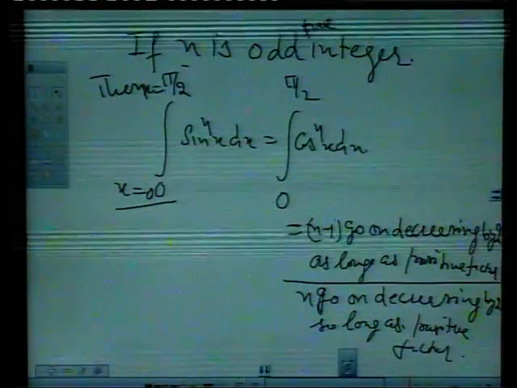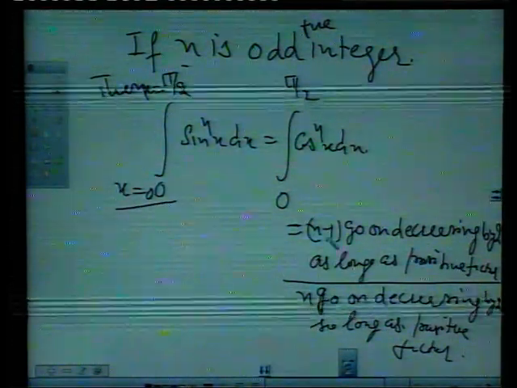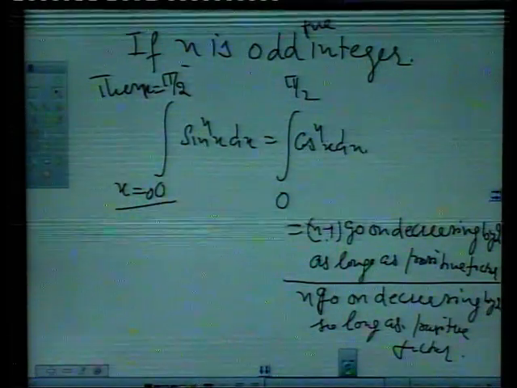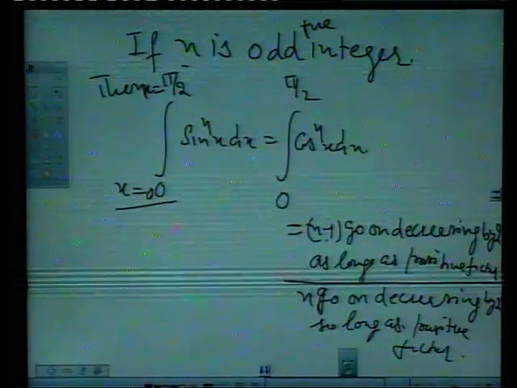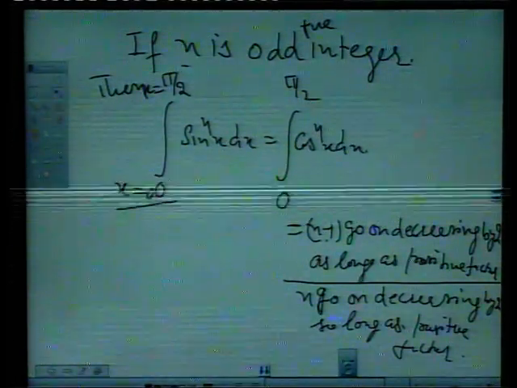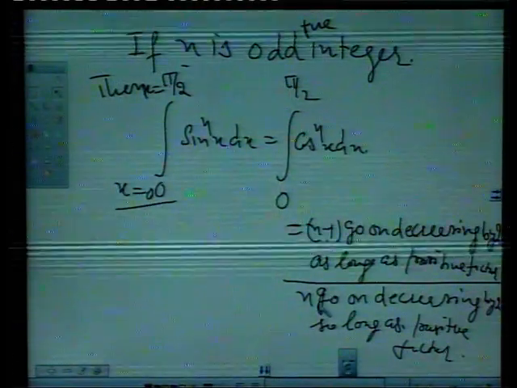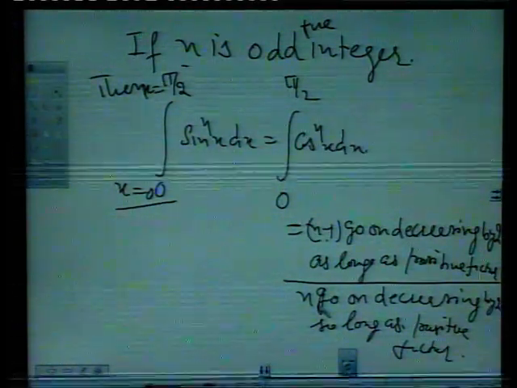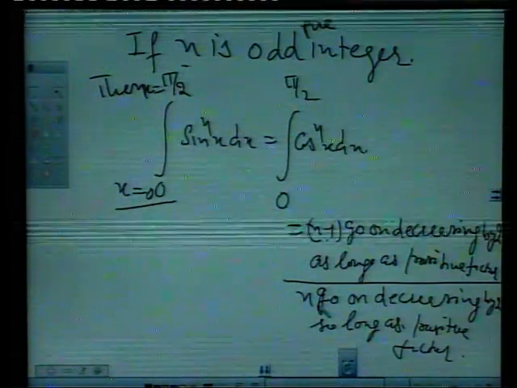Then the value of this integral is calculated by n minus 1, n minus 3, n minus 5 and so on up to the last positive factor, divided by n, again going on decreasing by 2 so long as the last positive factor comes.